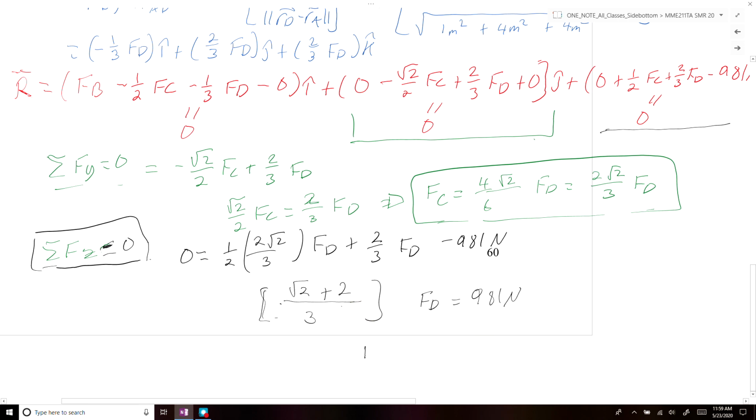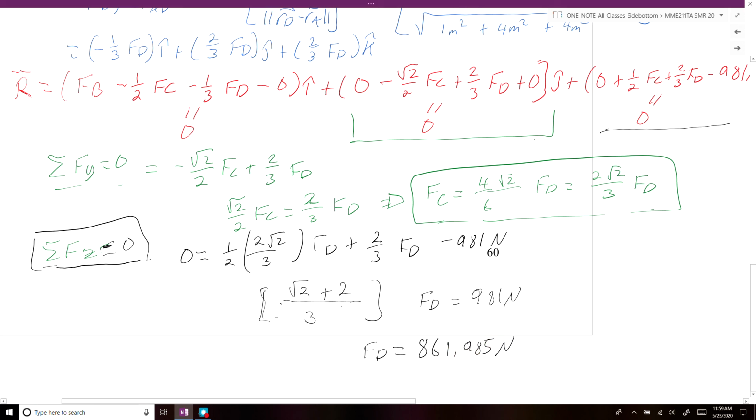And then if we solve that out, we'll get FD is going to be equal to 862 newtons. All right, 860. I should be more precise here. 861.985 newtons.